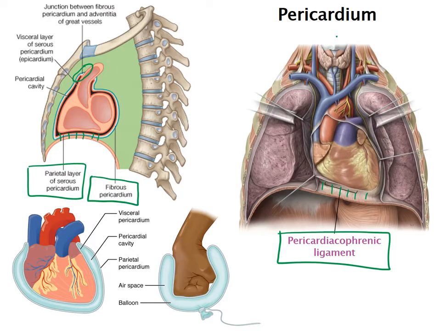Let's dwell for a moment on the difference between the parietal and visceral serous pericardium. During development, as the heart expands into the pericardial cavity, it takes on part of the pericardium, and that pericardium is referred to as the visceral pericardium, which immediately surrounds the heart. The pericardium which continues to line the pericardial cavity is referred to as the parietal pericardium.